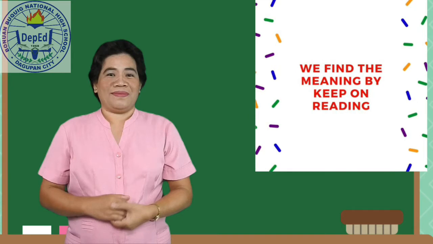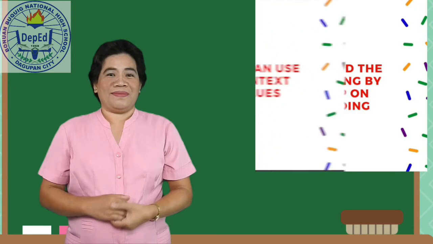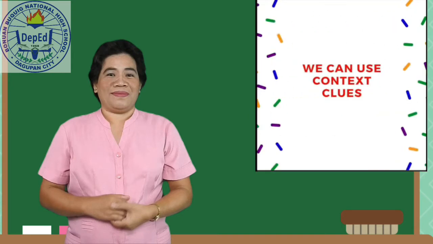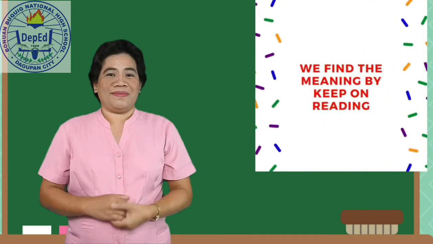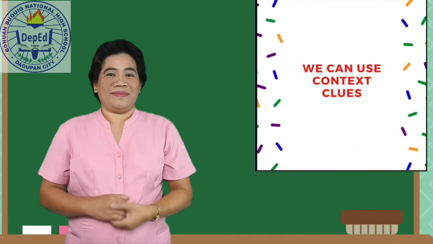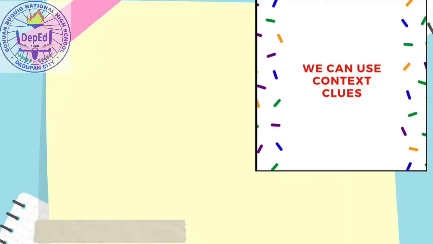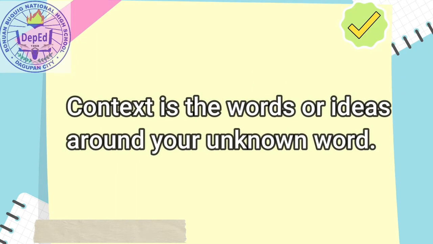We find the meaning by keep on reading. We can use context clues. We can use context clues so we don't get the reading blues. We find the meaning by keep on reading. We can use context clues. We can use context clues. Context is simply the words or ideas around your unknown word.